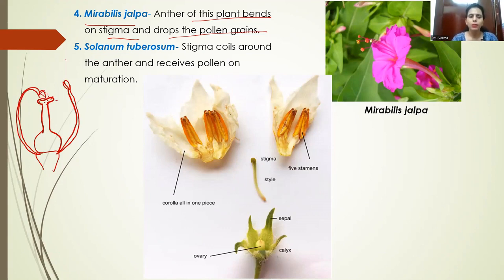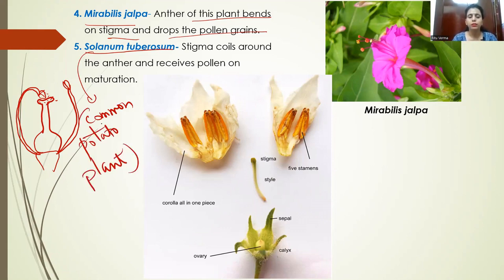The next example is Solanum tuberosum, the common potato plant. Here, the stigma coils around the anther and receives pollen grains on maturation of the anther.